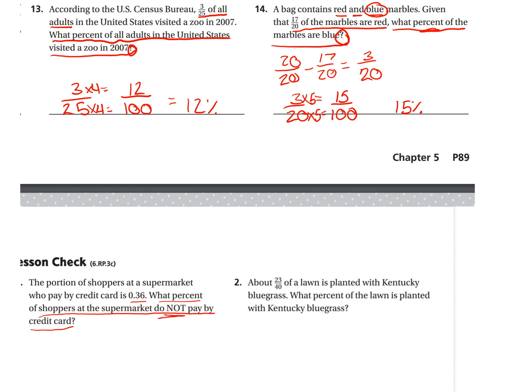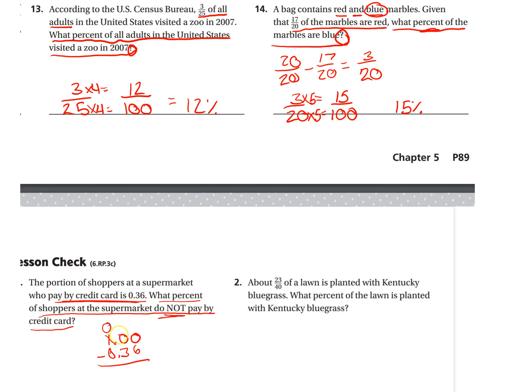So again, 100% of the shoppers, or all of the shoppers, would be 1.00. That would be 100% or all the shoppers. So if we take away the ones who pay by credit card, then we're going to have left over the ones that do not pay by credit card.